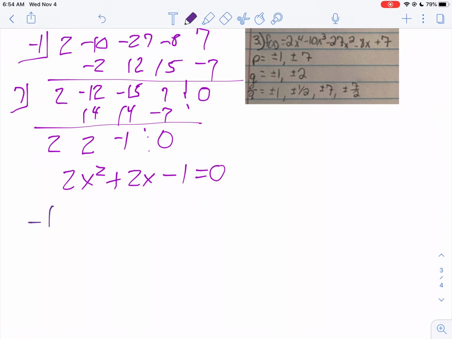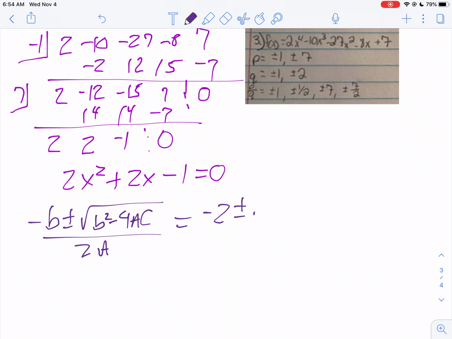So -b plus or minus the square root of b squared minus 4ac all over 2a. So we're going to say -2 plus or minus, well, 2 squared is 4, minus 4 times a, which is 2, times c, which is -1, all over 2 times 2.